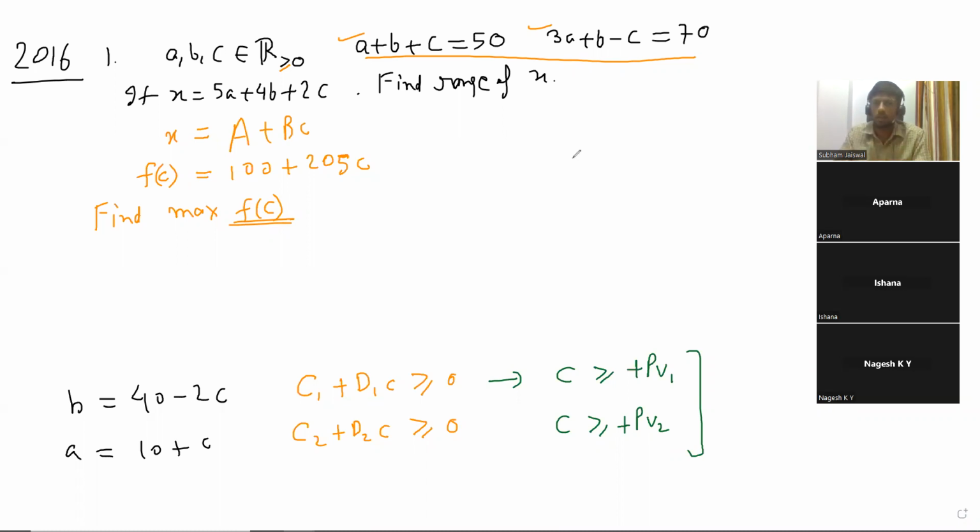Let's say that you ended up with something like this, bigger than or equal to 10, bigger than or equal to 20. Then how would you find the maximum of F? Well, the maximum will then be just infinity, right?